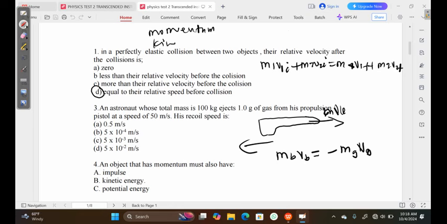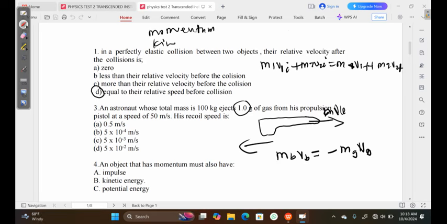This is basically the same principle. So the astronaut is going to act as the gun, then the gas is going to act as the bullet. I'm talking about the mass of the gas, which is 1 gram. So convert that to kgs, which is divided by 1000.